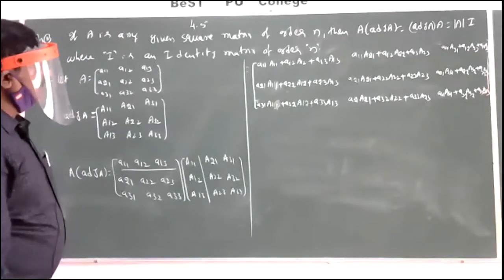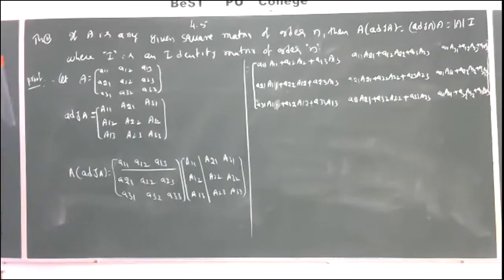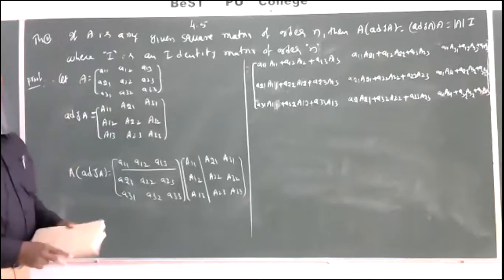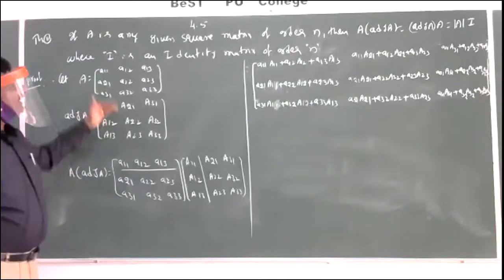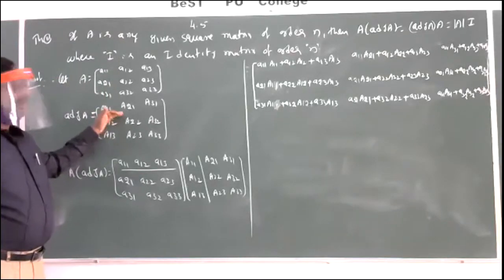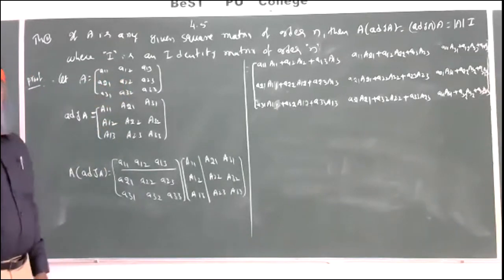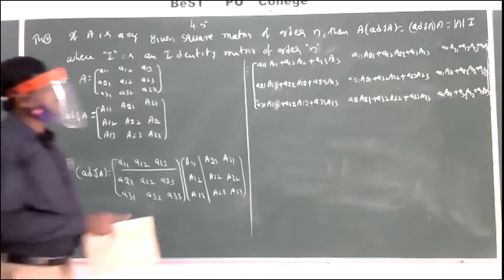Now, yesterday I already explained one concept. If you take the first row elements and first row cofactors, the value is equal to det A, and if you take one row's elements with the corresponding cofactors of any other row, the value is 0.